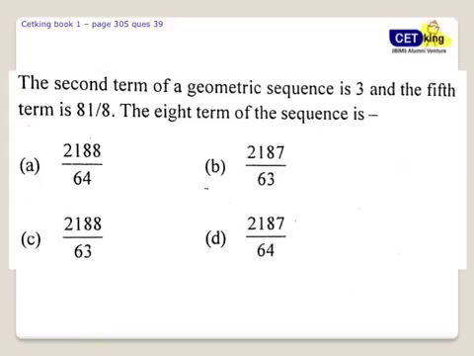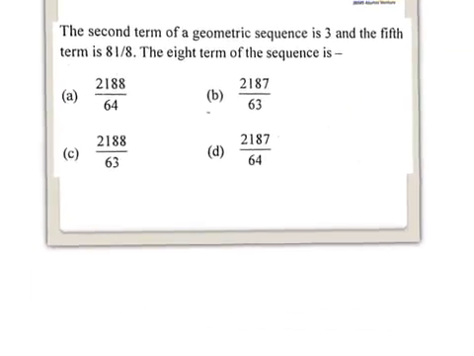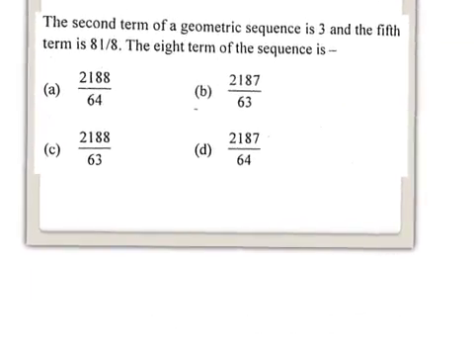Alright, next question from the book, page number 305, question 39. Please try the question. I've told you earlier, GP is all about the calculations, so you have to be doing some calculations. Second term is 3, so second term मतलब a into r.